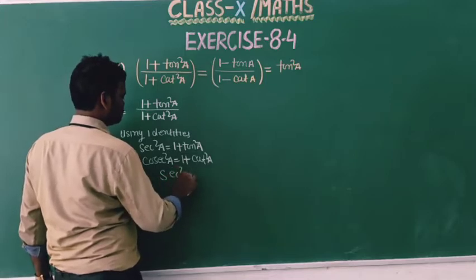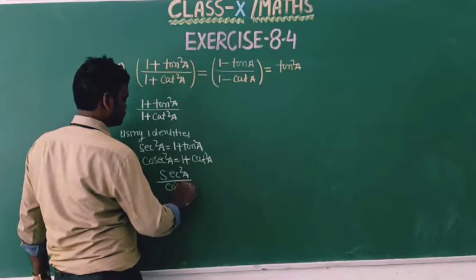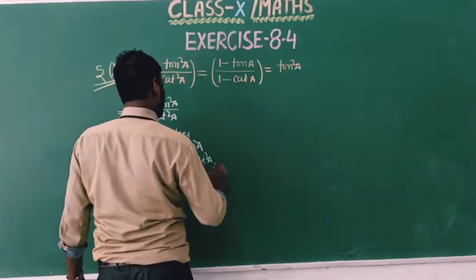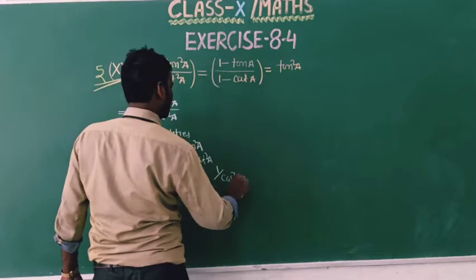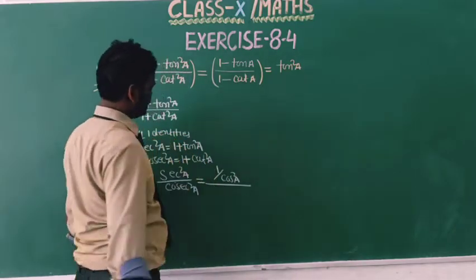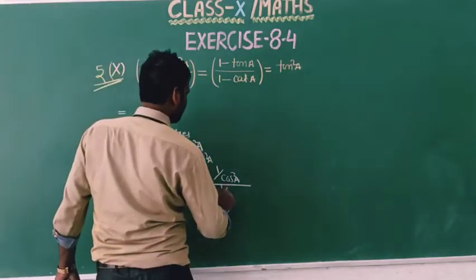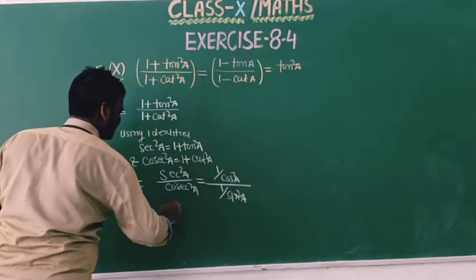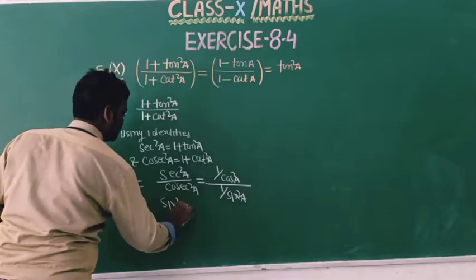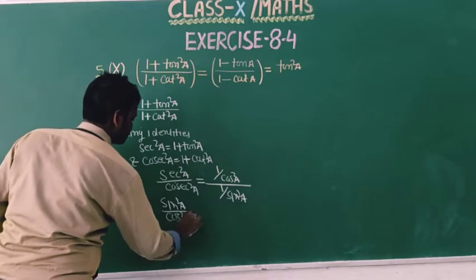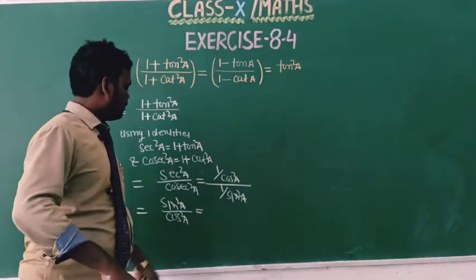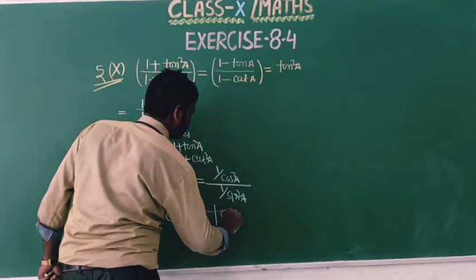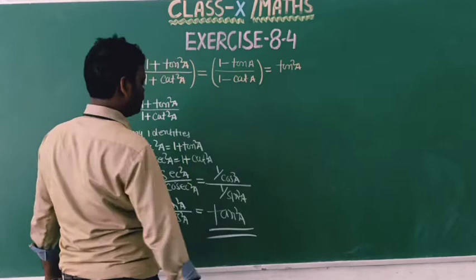Okay, so this becomes sec square A by cosec square A. Sec square expressed in terms of cos, so this is 1 upon cos square A, upon cosec square expressed in terms of sin, so this is 1 upon sin square A. Now simplify, so this will be sin square A upon cos square A. Sin upon cos is equal to tan, so this is tan square.